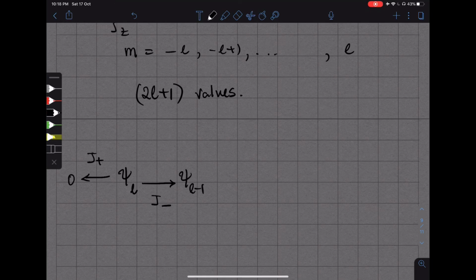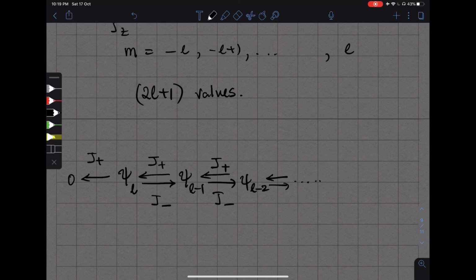But if I'm at state psi L minus 1, if I apply the raising operator, I get to psi L. If I apply another lowering operator to psi L minus 1, I get psi L minus 2. And I could have gone the other way by applying J plus. And so if I keep applying this raising and lowering operator, I go down what looks like a ladder.